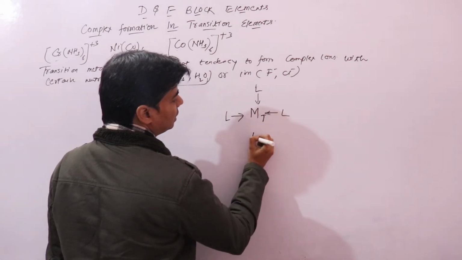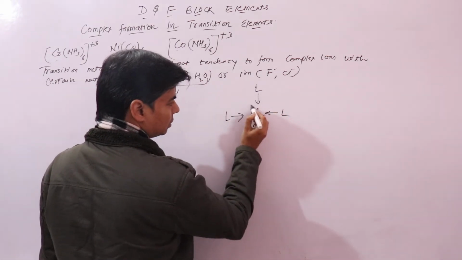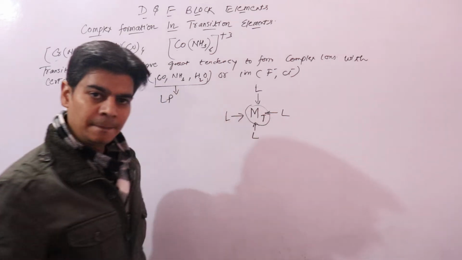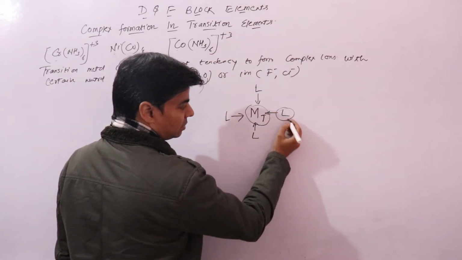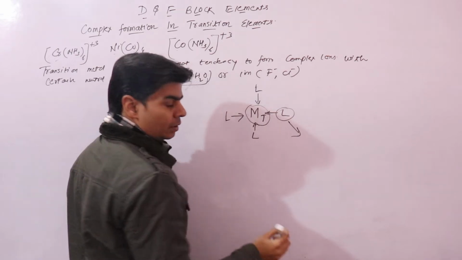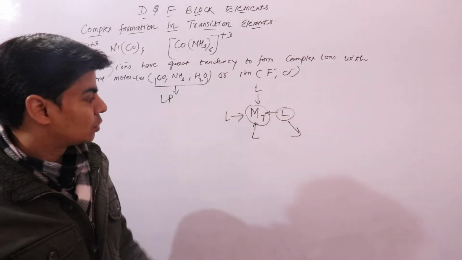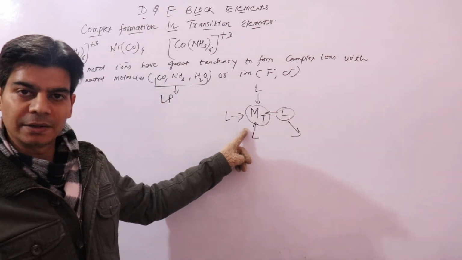So when these ligands approach this transition metal ion, they will transfer lone pair of electrons to this transition metal ion, right?